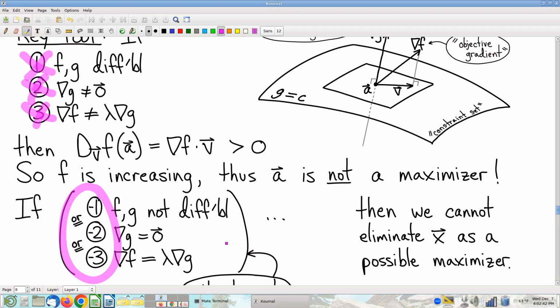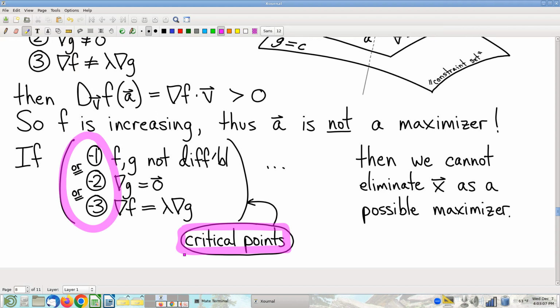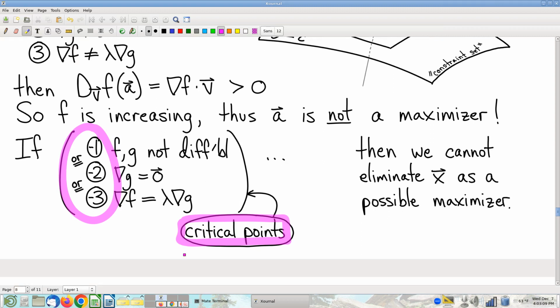So what we're going to call critical points, points where my elimination argument fails, points that are left over and that I have to deal with and check, are just any point where any of these three things happens. And there can be very few points where any of these things happens. Those are your critical points, and then you just check them. How we doing? Is everybody okay with that?